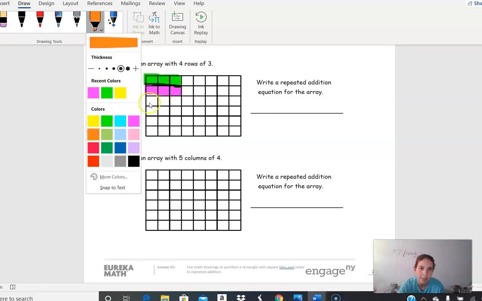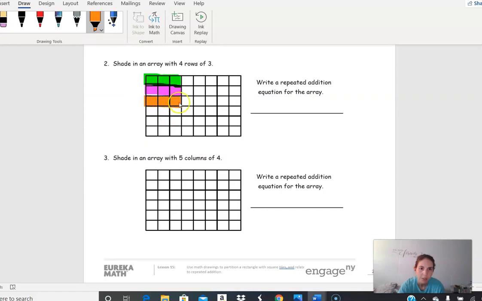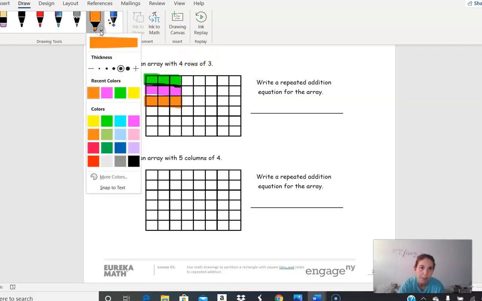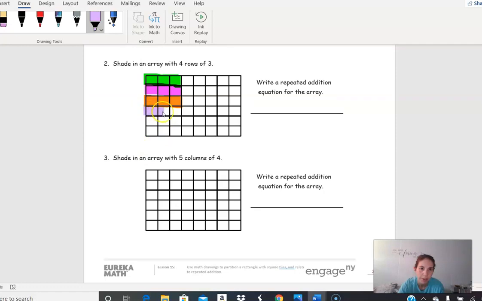And 3 rows of 3. And we need how many rows? 4 rows. So we're going to do 1 more row. 4 rows of 3, okay?